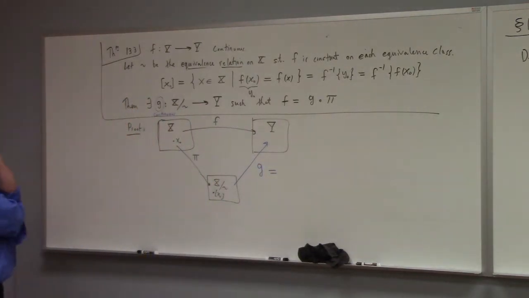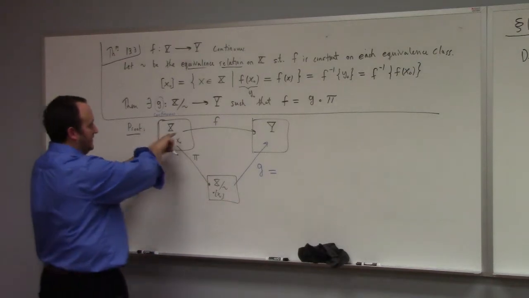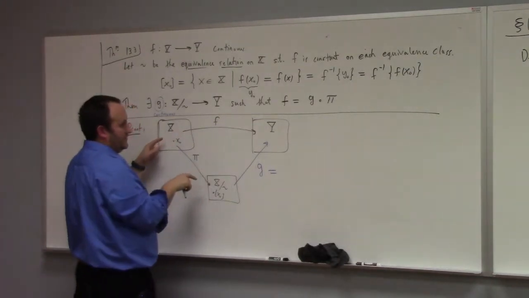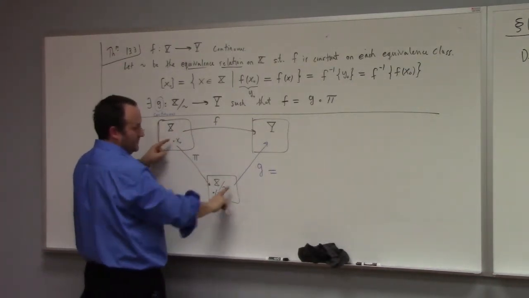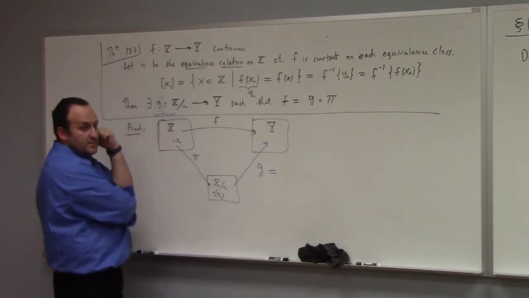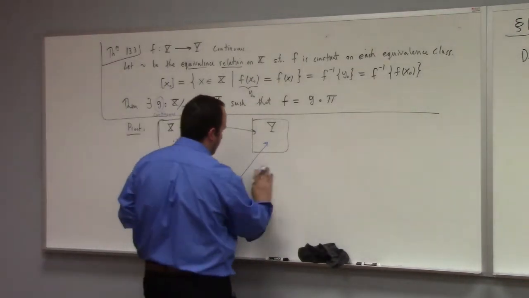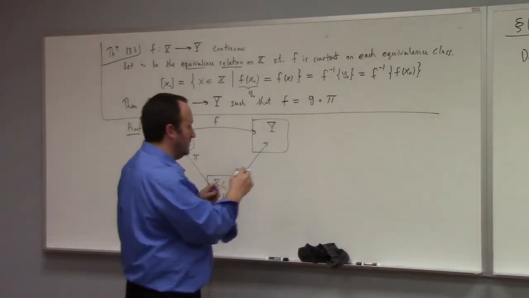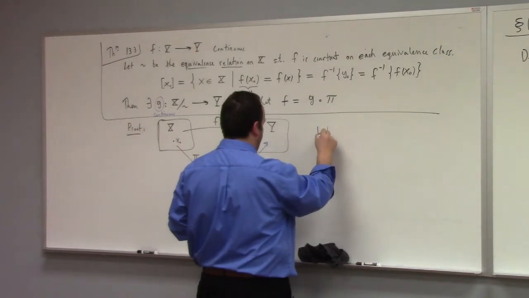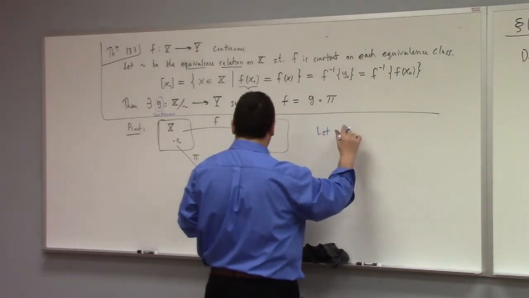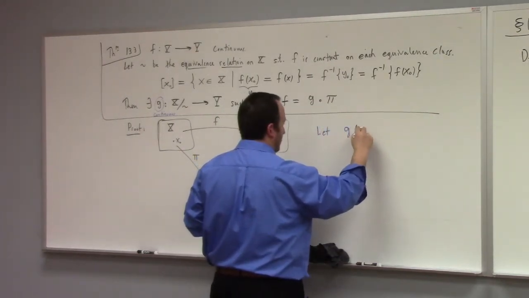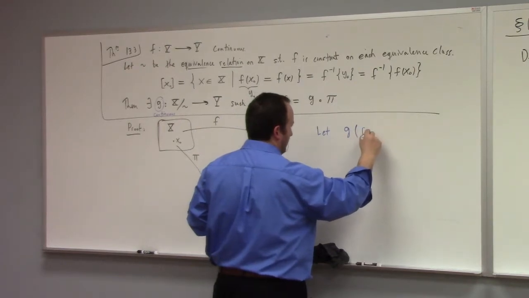Oh, we don't know what G is equal to, but the claim is that F is equal to G composed with pi. So how do you think we should construct G? Let G of the equivalence class of x naught equal what?